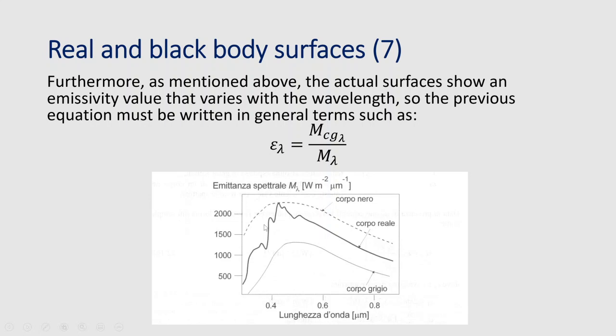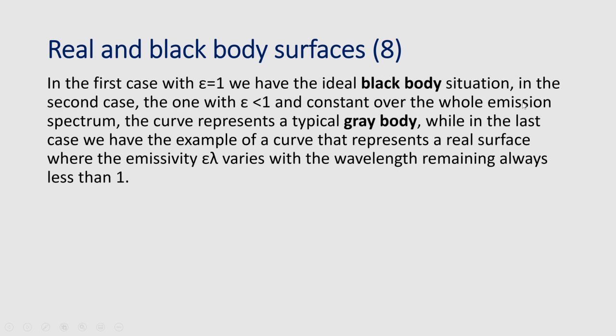So if we integrate these curves from 0.4 to 0.7 in the visible, for example, the black body will emit a larger quantity in comparison with the gray body. All right, so in the first case, with epsilon equal to 1, because this is a black body, we have the ideal black body situation.